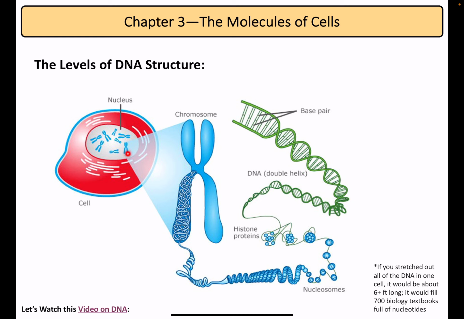If you were to just pick one of these structures, one extremely long double-stranded polymer, look how long that is, really long, all coiled up, that's a chromosome. And then not shown, but particular stretches along that chromosome are genes that code for building polypeptides.